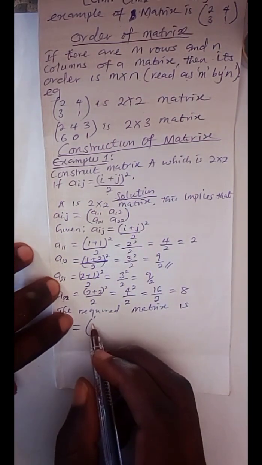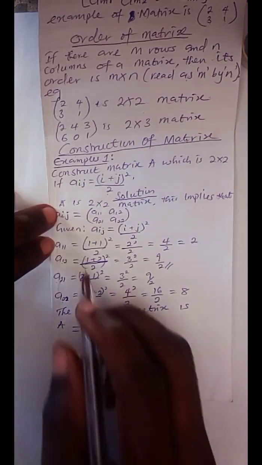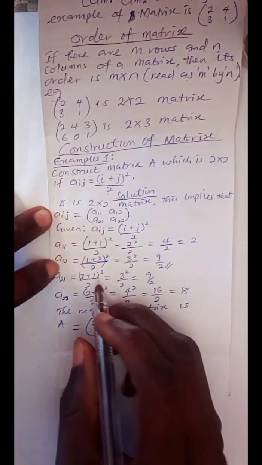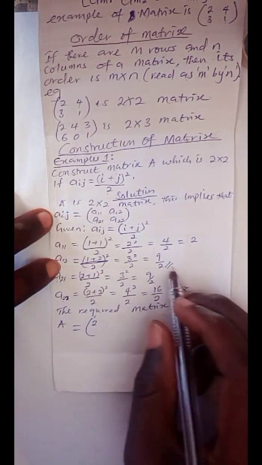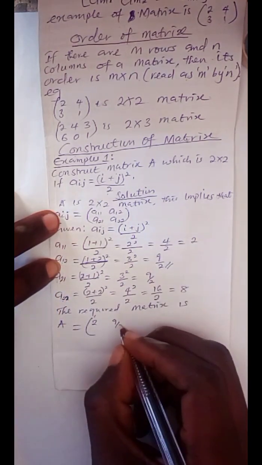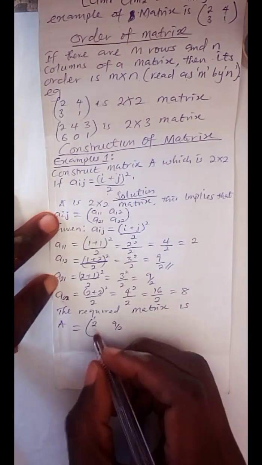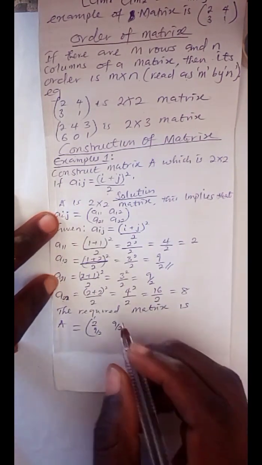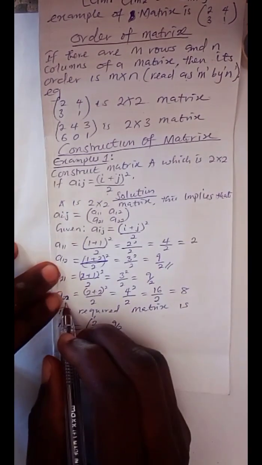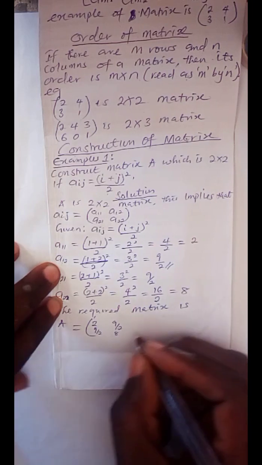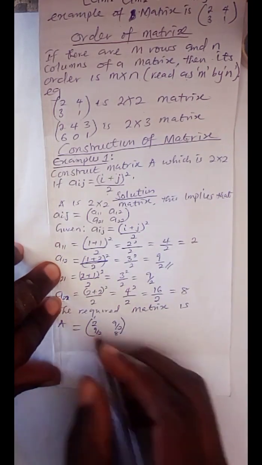The element in row 1 column 1, we have already found, is 2. The element of row 1 column 2 is 9 all over 2. The element of row 2 column 1 is also 9 all over 2. And the last, the element of row 2 column 2, is 8. So this is the required matrix.